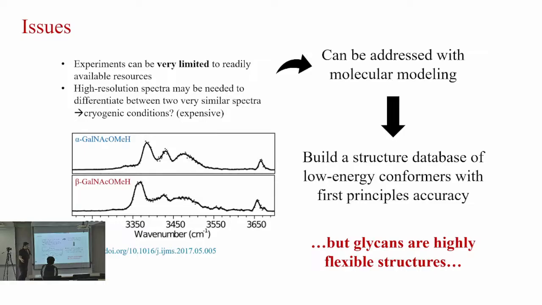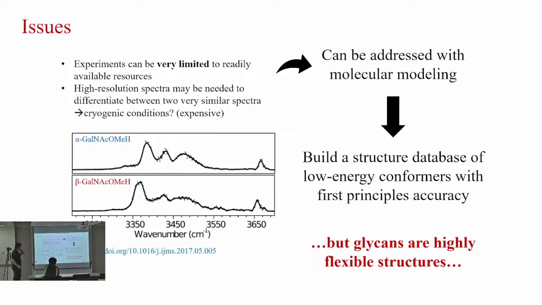Now, even after saying that, there is one way that is more accessible, at least for us computational scientists, wherein we can use molecular modeling to try and predict what structures correspond to these systems.